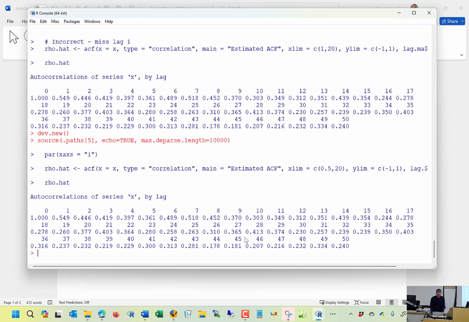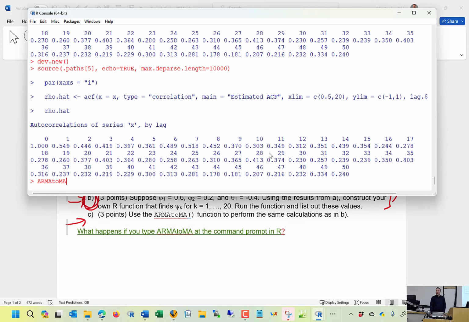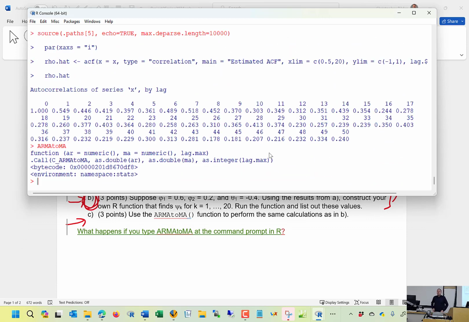What would I need to do? I could just simply type the function name, and it should give me the code for that function. Sorry, I didn't make it that easy. So this is what I get. What's the code of this function telling me?